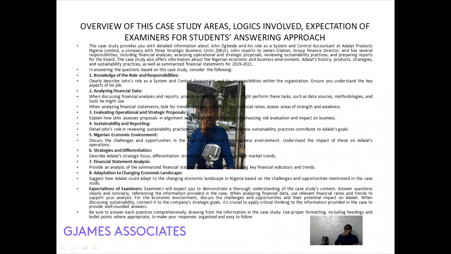Now, the overall aspect of this precinct case study is this. We were given John to be the real principal person in the case study. Of course, he has a boss, but the key person in this precinct case study is John.